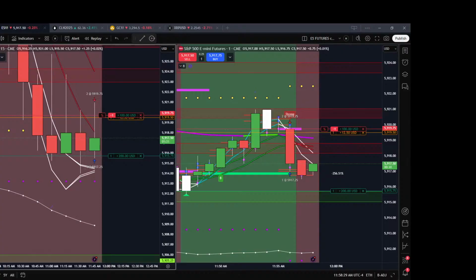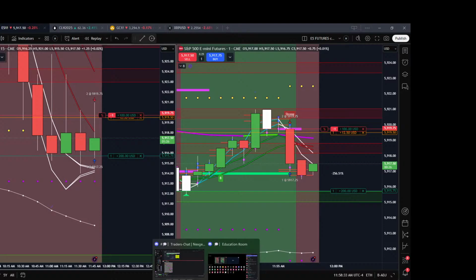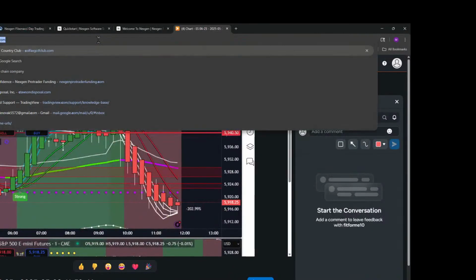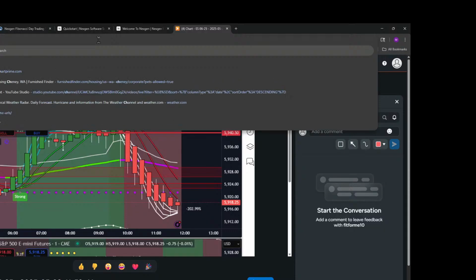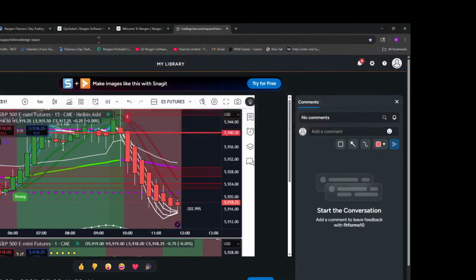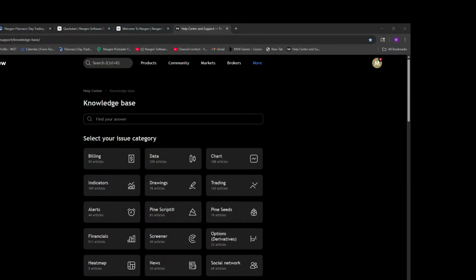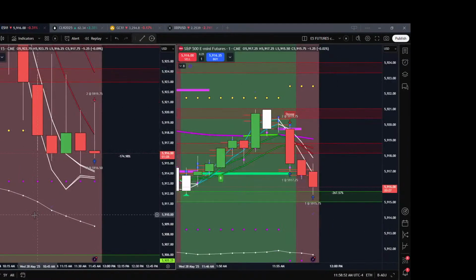I don't know how to make it go vertical or horizontal. That's one of those ones you would have to hit the TradingView Google. Sorry, man. I wish I had a better answer for you there. I've never tried to do it, so I don't know.